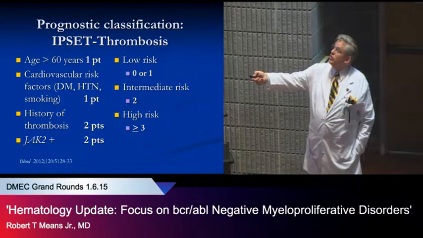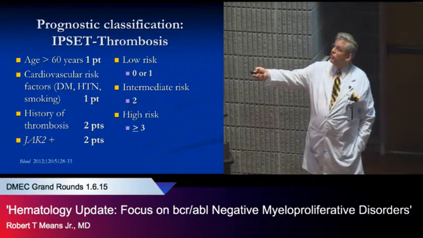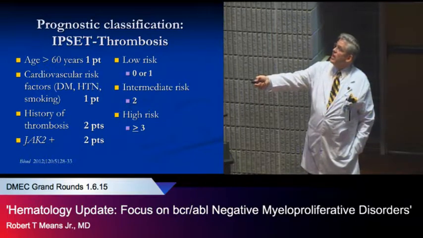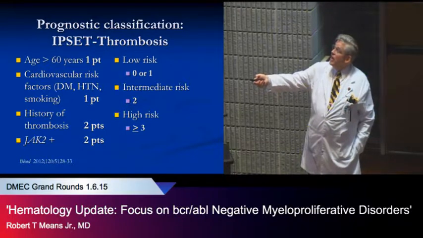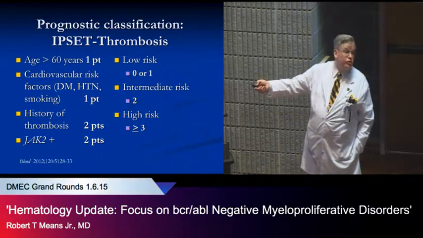By the way, these hold even if these are controlled. So just having the diagnosis of either of these or being a smoker puts you at cardiovascular risk. If you have a history of thrombosis, that puts you at increased risk. If you are JAK2 positive, that puts you at increased risk, and those each get you 2 points.